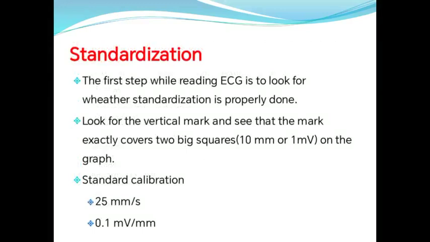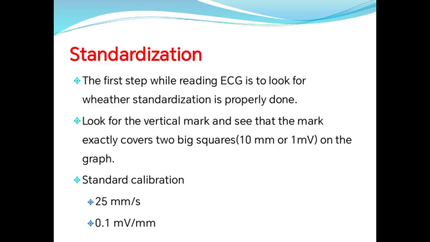Okay, then see what standardization or calibration is. The first step while reading an ECG is to look at whether standardization is properly done. If it's not well calibrated, the other interpretation of the ECG will be wrong.